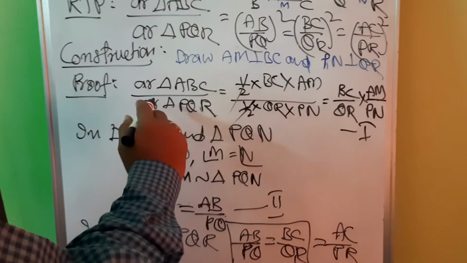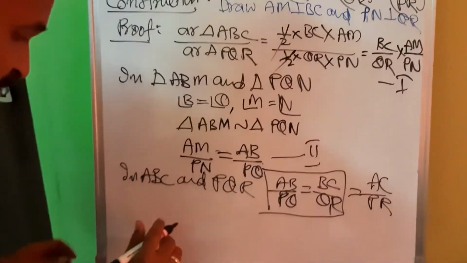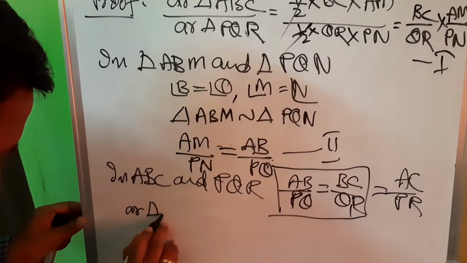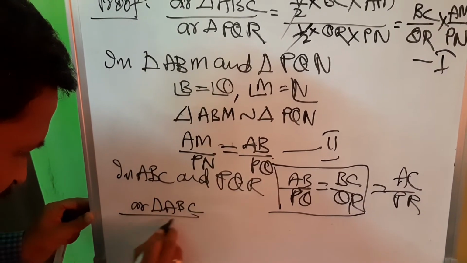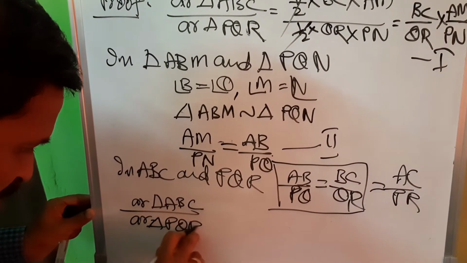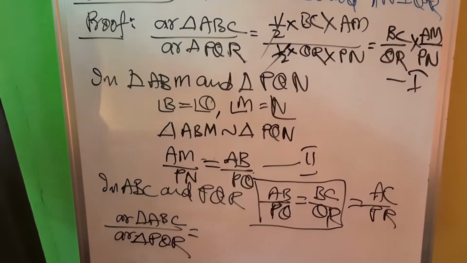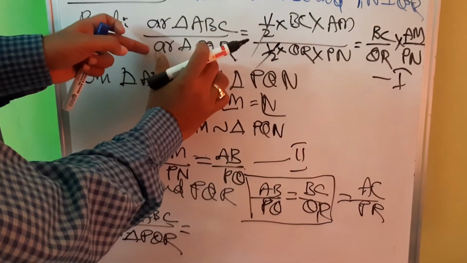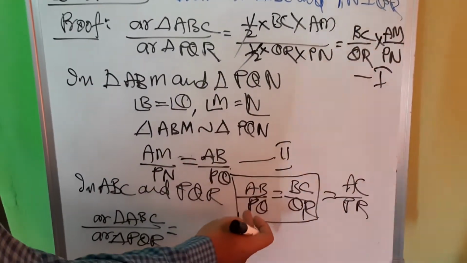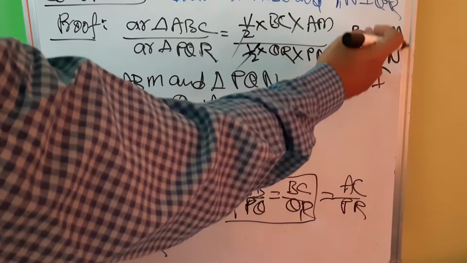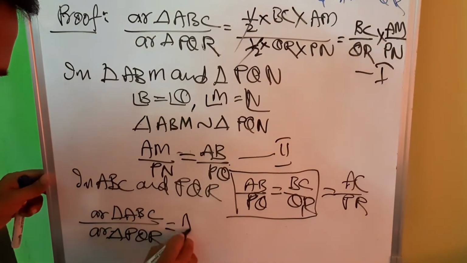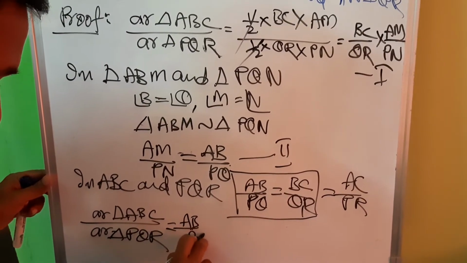Here, area of triangle ABC by area of triangle PQR is equal to BC by QR into AM by PN. Here BC by QR is equal to AB by PQ, so instead of BC by QR we can write AB by PQ.